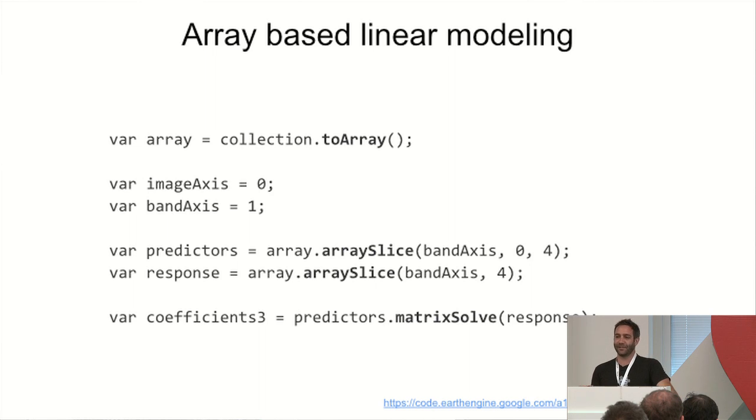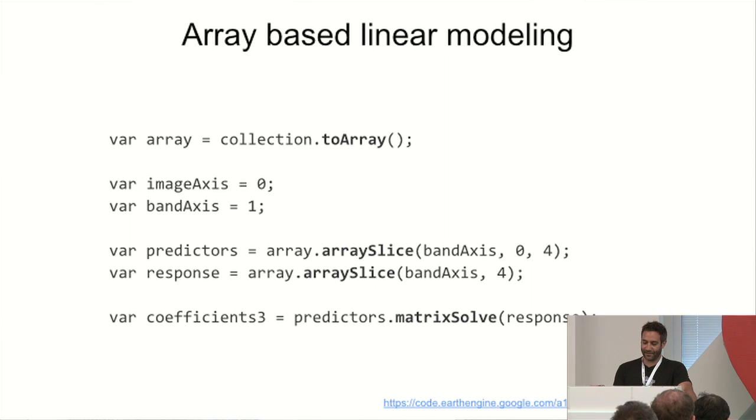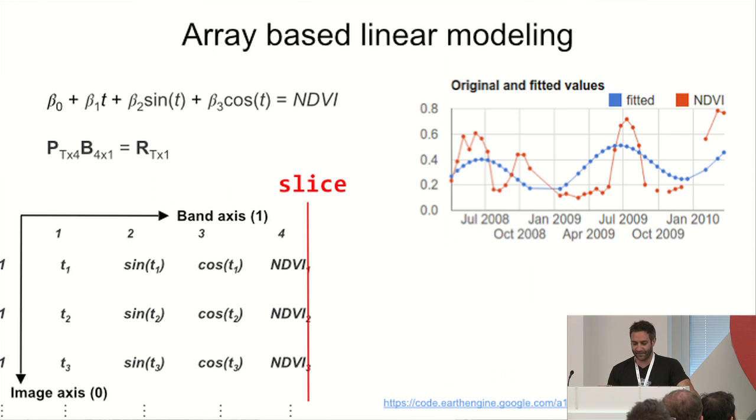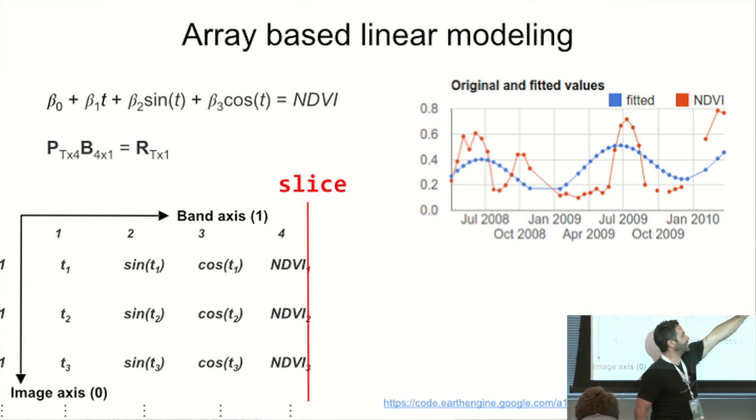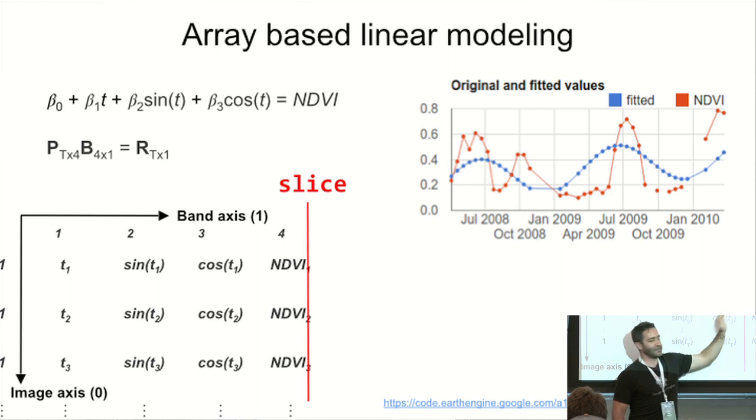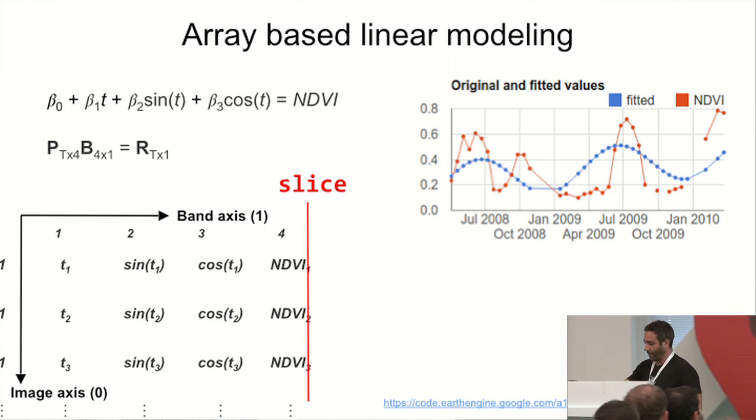Here's our image axis. The image axis is axis 0. The band axis is axis 1. And now we are going to do this slicing. Specifically, we're going to slice along the band axis, and we're going to tell it 4.